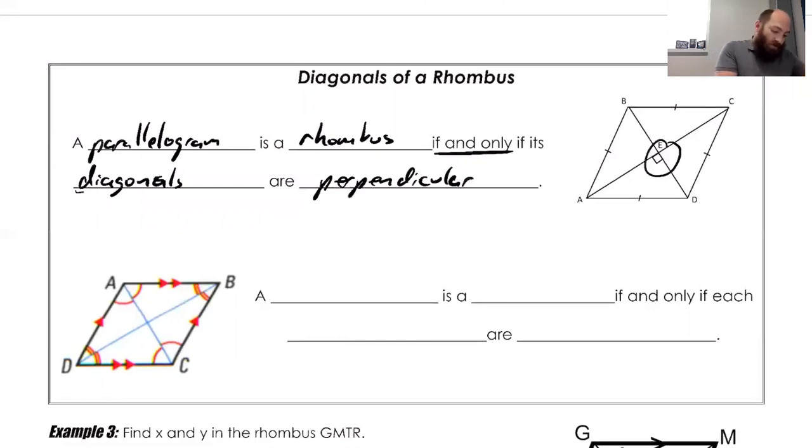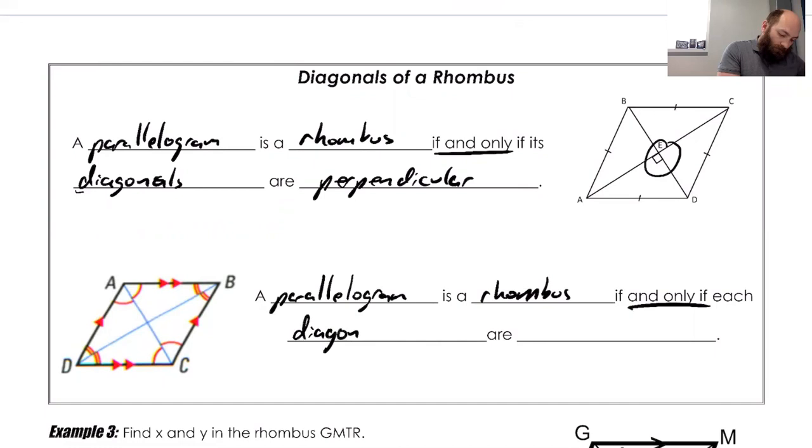Okay. Also, a parallelogram is a rhombus if and only if each diagonal, actually, I'm going to say this instead. I'm going to change the wording of that. If the diagonals are angle bisectors.